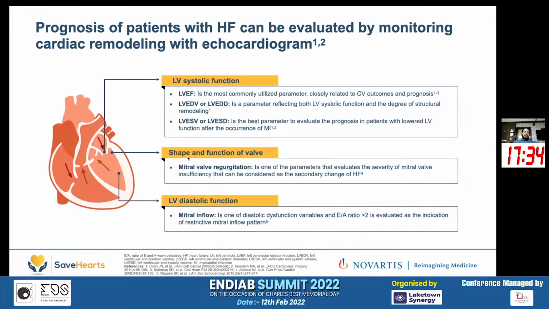Similarly, looking at mitral valve regurgitation, because there is LV dysfunction, there is dilatation of the mitral annulus, so there is a coaptation failure, which often results in functional mitral regurgitation. Or in patients with inferior wall MI, when there is damage to the papillary muscle, the subvalvular tissues do not coapt well, so this also leads to an organic mitral valve disease.